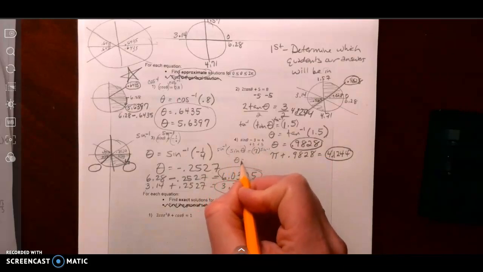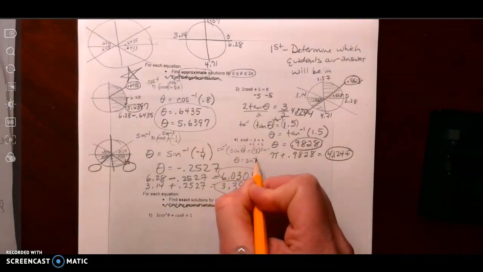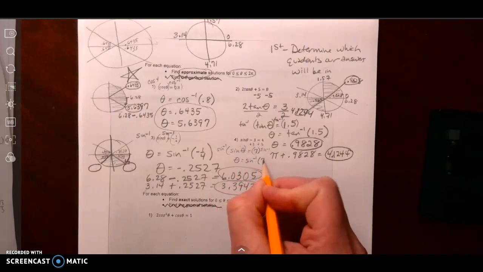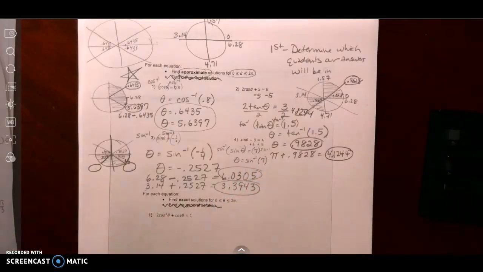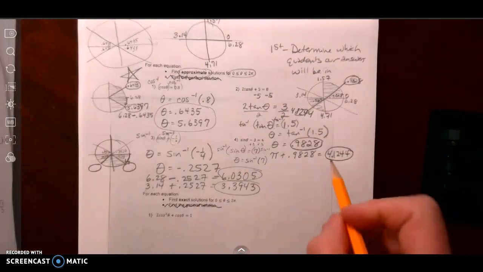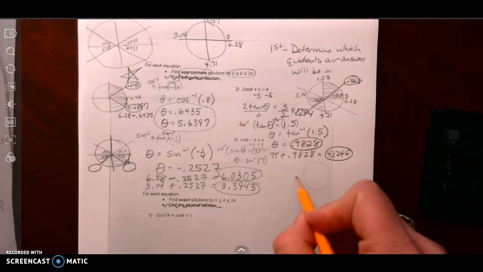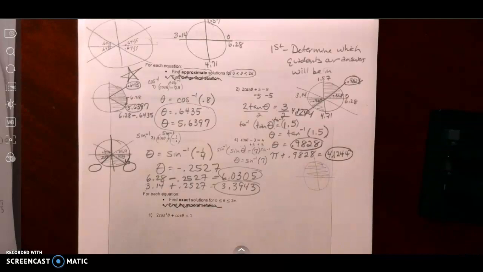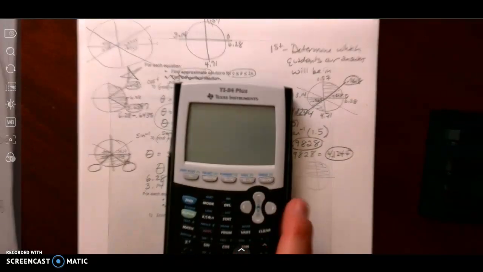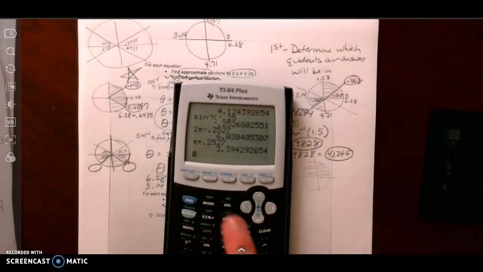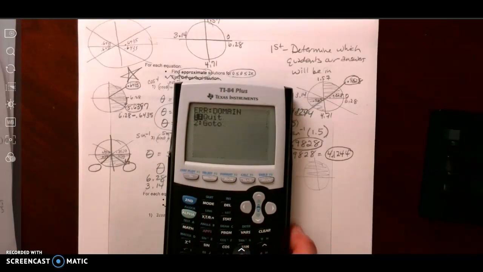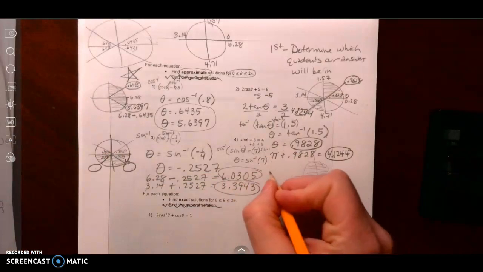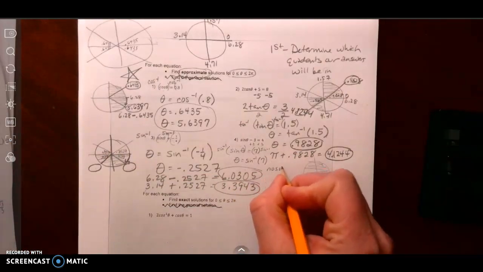So we get that theta is the inverse sine of 7, which, because it's positive, would have to be in quadrants 1 and 2. However, when I put this into my calculator, inverse sine of 7, I get an error. That means that there is no solution.